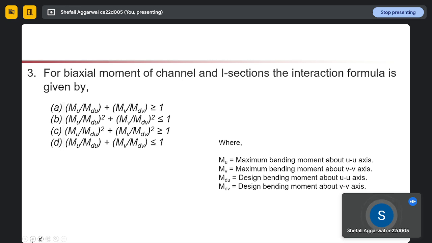So the next question is, for biaxial movement of channel and I section, the interaction formula is given by Mu upon Mdu plus Mv upon Mdv should be greater than or equal to 1, or Mu upon Mdu square plus Mv upon Mdv square should be less than or equal to 1, or Mu upon Mdu square plus Mv upon Mdv square should be greater than or equal to 1, or Mu upon Mdu plus Mv upon Mdv should be less than or equal to 1.